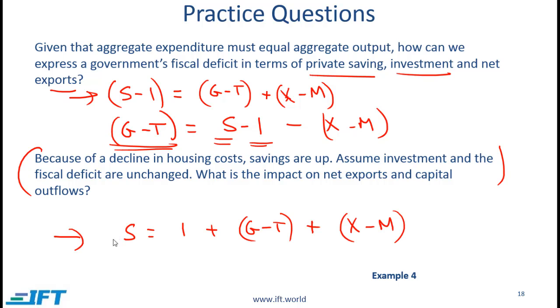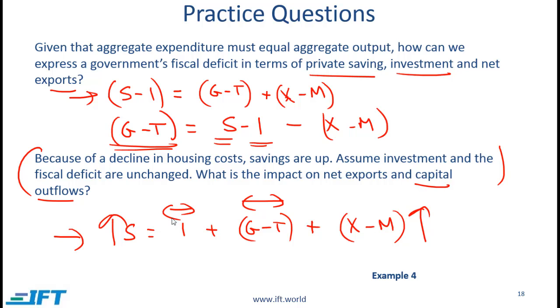Here we need to reproduce this expression, and notice that if the investment number is unchanged and the fiscal deficit is unchanged, then an increase in savings must mean that net exports are up. And when net exports are up, that means that capital outflows are also up.